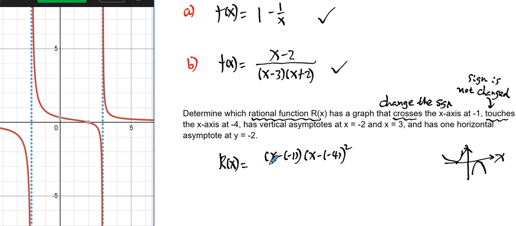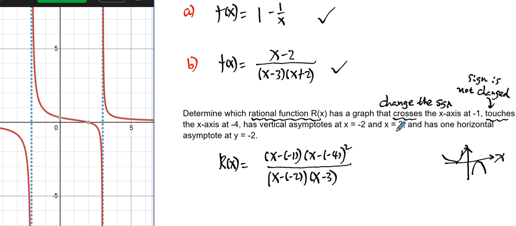Okay? Now, keep going. It has vertical asymptotes at negative 2 and positive 3, then that will be what? Minus negative 2, and then minus 3. The domain will exclude those 2 points.